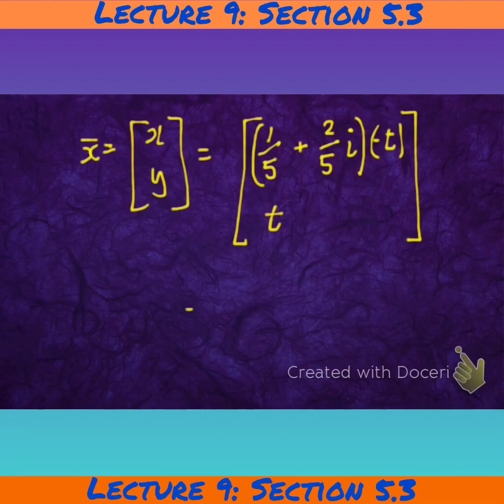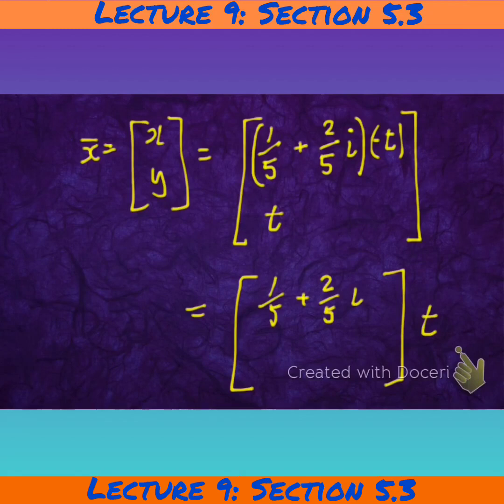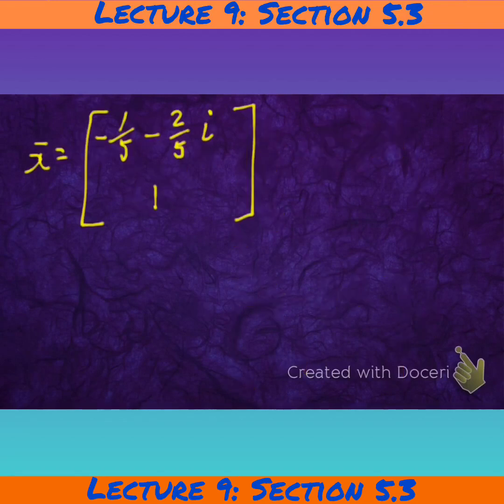So there's our solution, and so the basis vector for the eigenspace corresponding to that matrix is, right, we have to multiply that with a minus. Okay, and we've got our vector. That's our vector x.